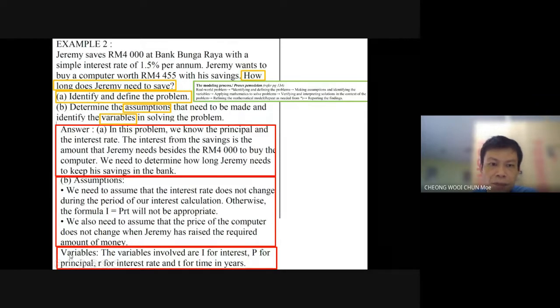Then the variables involved will be I for interest, P for principal, R for interest rate, and T for time in years.